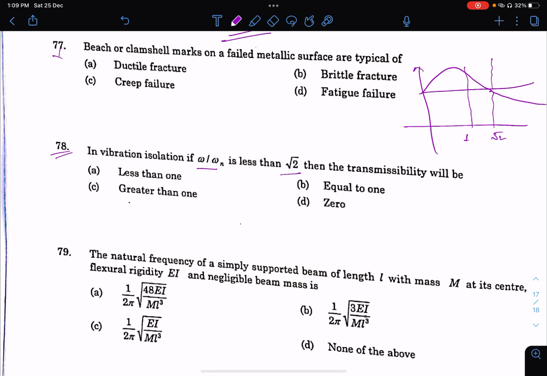So this is transmissibility. Before root 2, that is omega by omega n, the transmissibility factor is always greater than 1, and if it is greater than root 2, then it is always less than 1. So the correct answer is C.